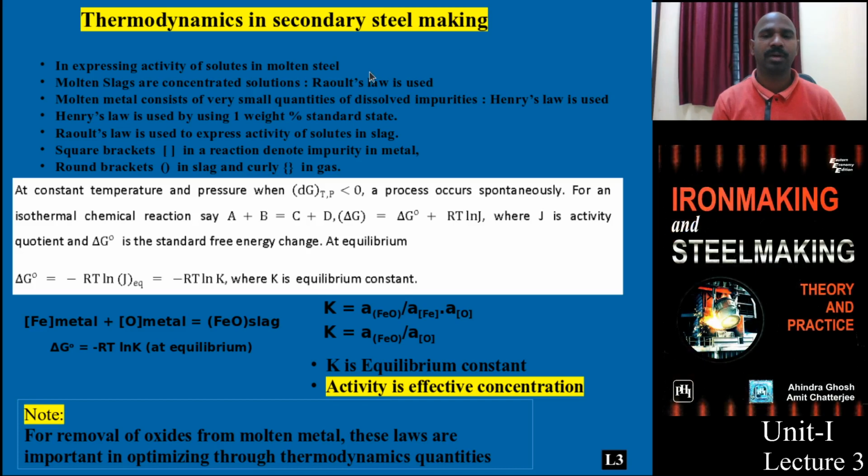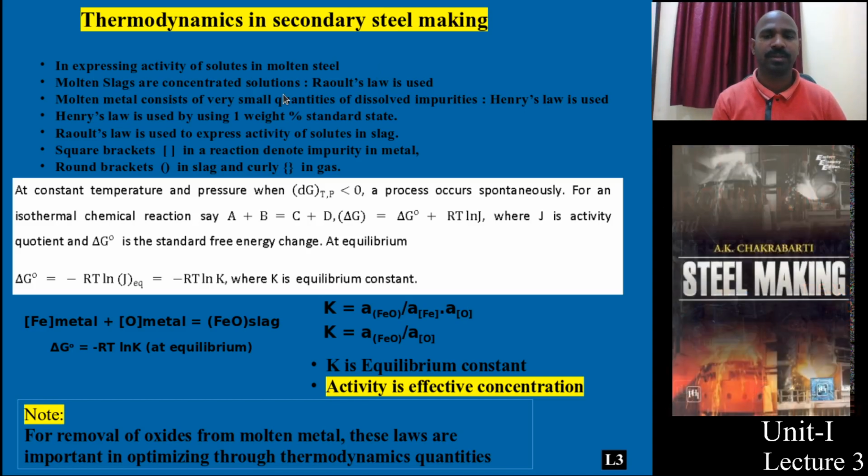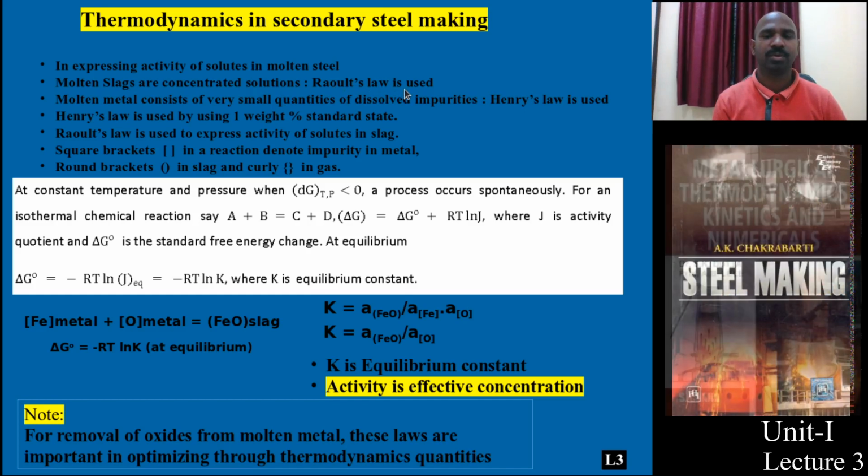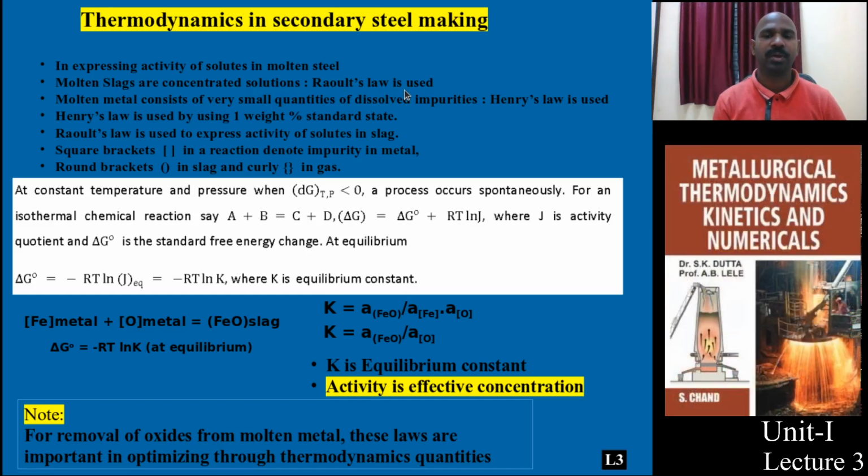Molten slags. If you want to know about molten slags and their relation, their quantity, what is the activity of that particular slag element or compound, the Raoult's law is very useful to know all those things.